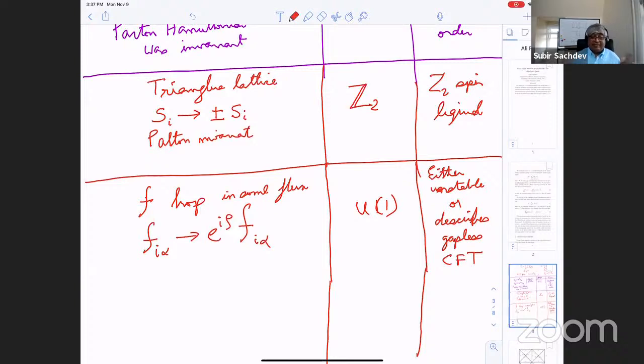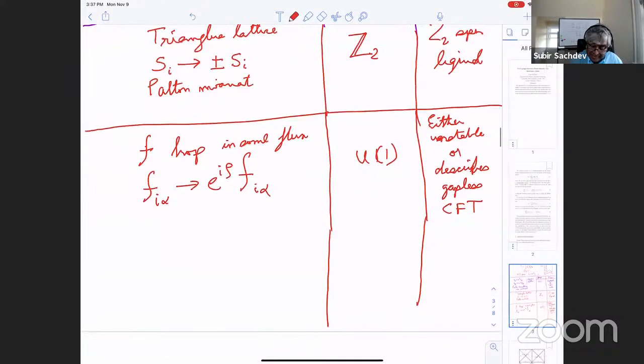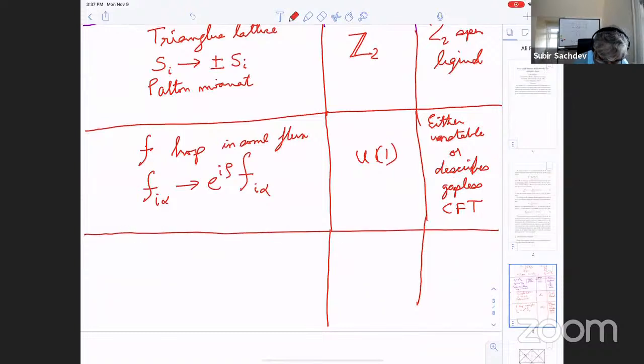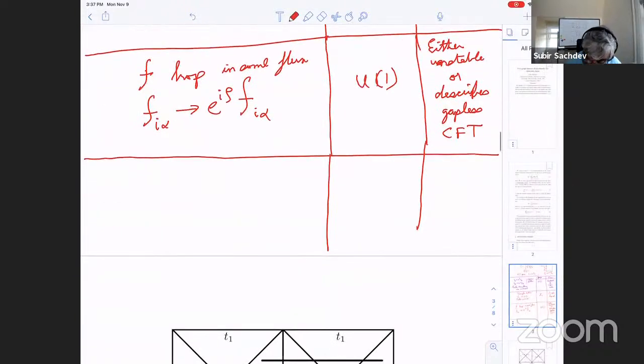So that means it's some critical state. Maybe it's describing a phase transition or maybe some critical phase. It's the kind of thing we haven't met yet. And again, we're also going to meet this. All right, so that's one of the things the fermions can do.